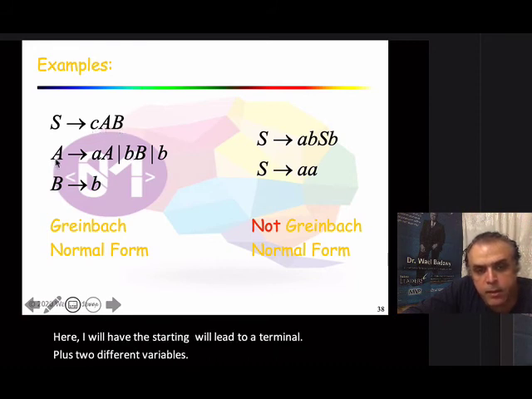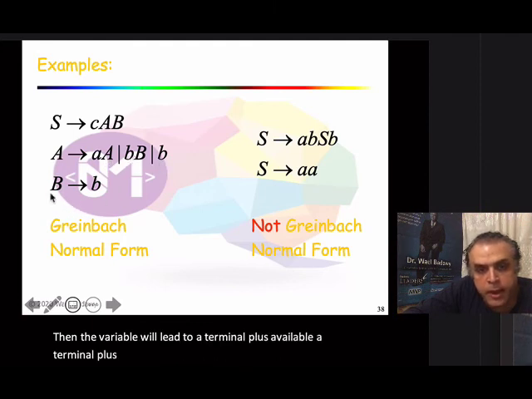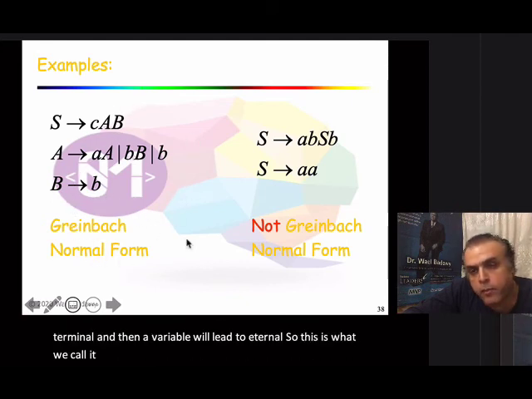Then a variable will lead to a terminal plus a variable, or a terminal, and then another variable will lead to a terminal. This is what we call the Greibach normal form.